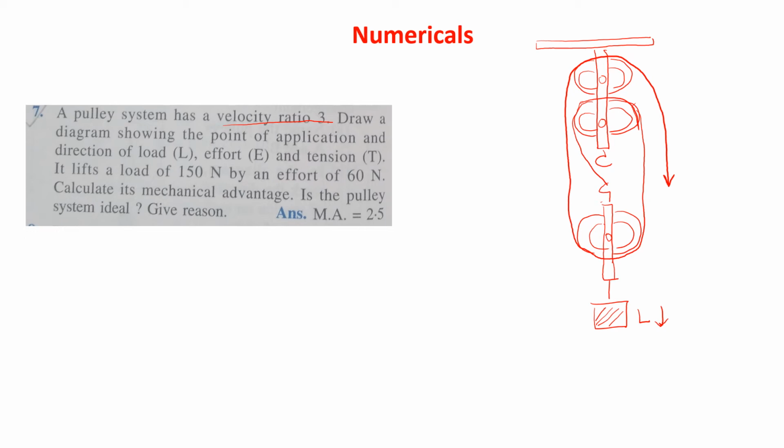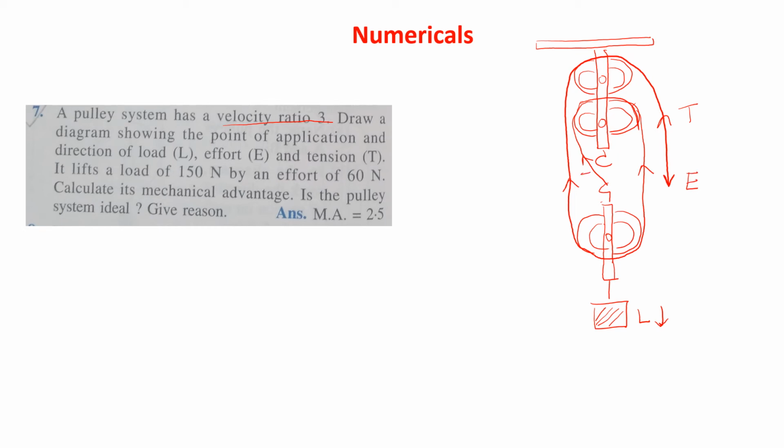And please remember that this string should be straight. It should not be round. I am drawing with the free hand, so this diagram is not correct, but you should draw a neat diagram. Tension is there, so the string should be straight. So now tension 1, 2, 3, and one more here. This will be E. Now E is balanced by this tension.